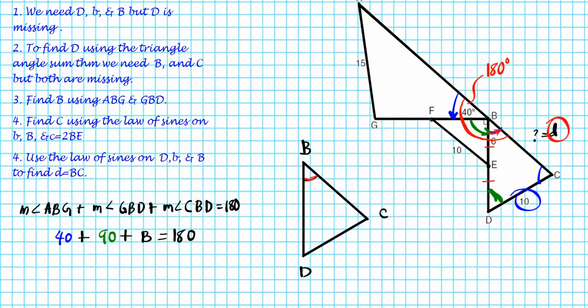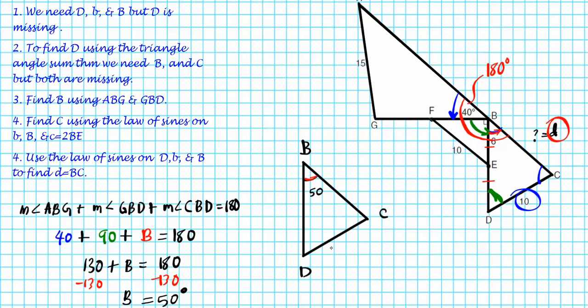So what is angle B? We just solve this algebraic equation. 40 plus 90 is 130, plus our angle B is 180. Subtract 130 from both sides, and you end up with the measure of angle B, which is 50 degrees. Voila, we have one component taken care of.